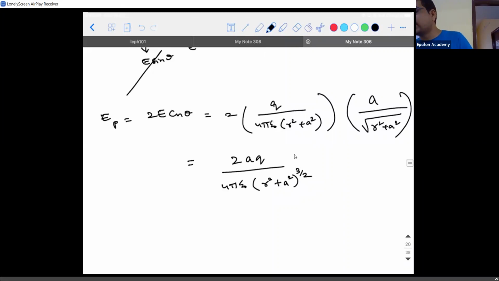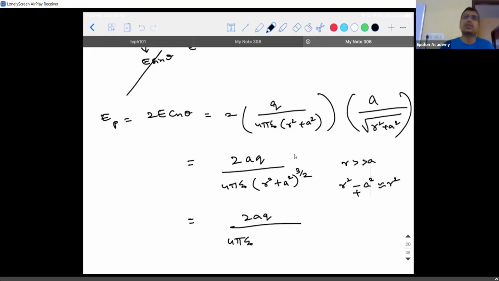Then what is the approximation we can do? R is very much greater than A. When R square minus A square is approximately R square, plus will also be the same, because compared to R square, A square is negligible. Whether you subtract or add it, it doesn't make any difference. 2AQ divided by 4 pi epsilon naught into R square the whole power 3 by 2.